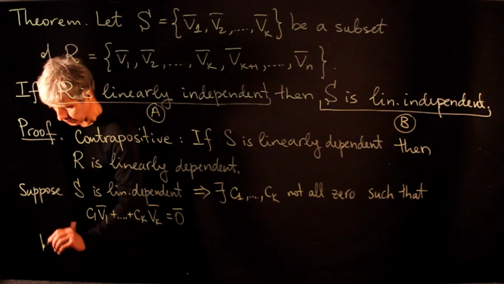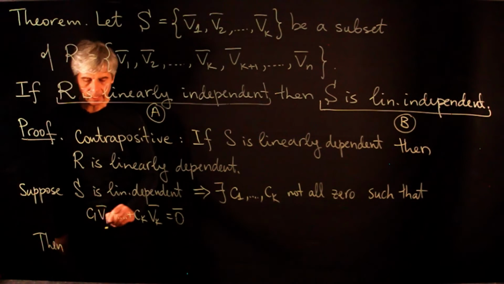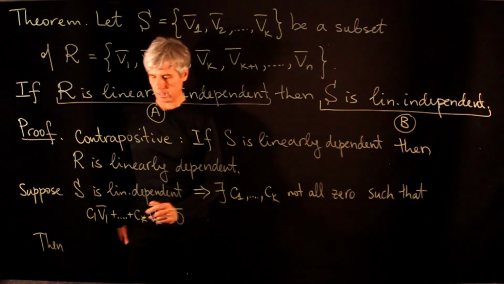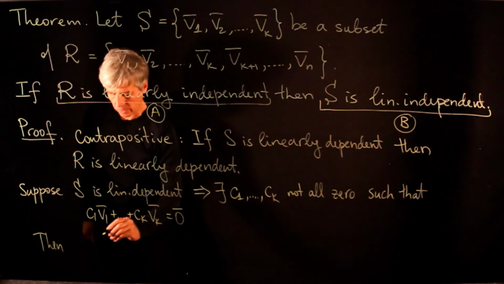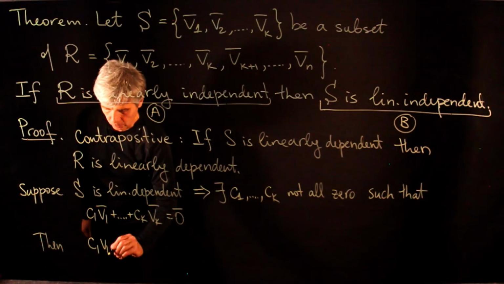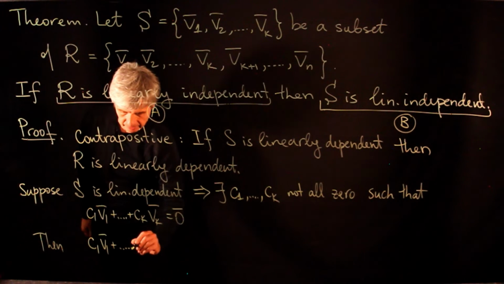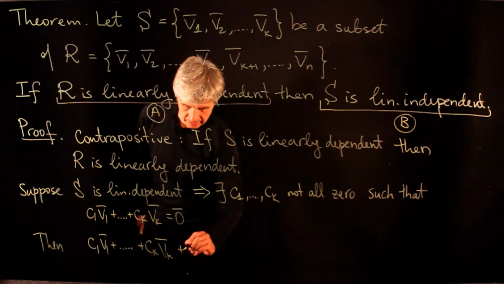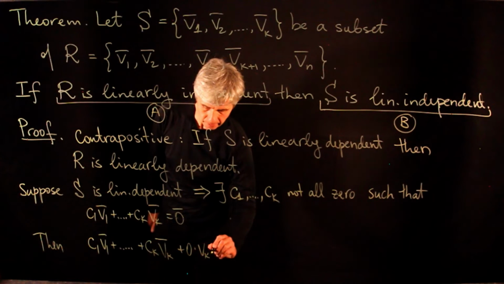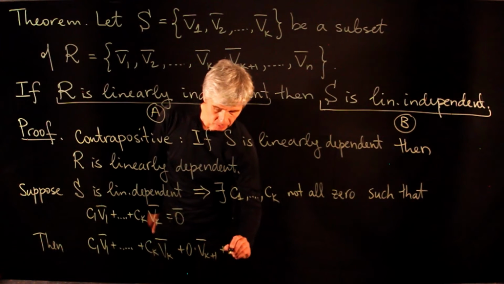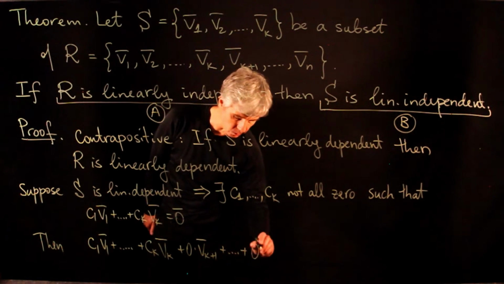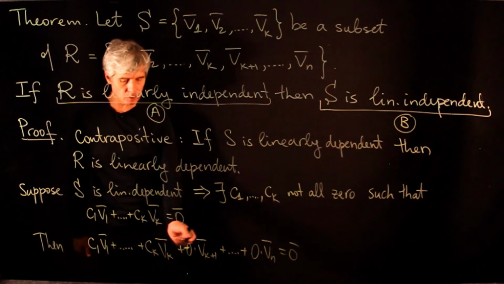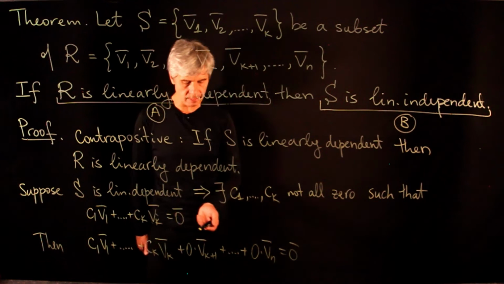But then we can write a linear combination of a larger set, which is equal to the 0 vector, in the following way: C1 V1 plus ... plus Ck Vk plus 0 times Vk plus 1 plus dot dot dot, all zeros here, 0 times Vn. This is still going to be the 0 vector because we did not change the left-hand side.